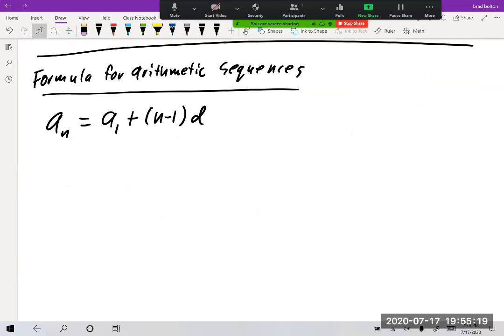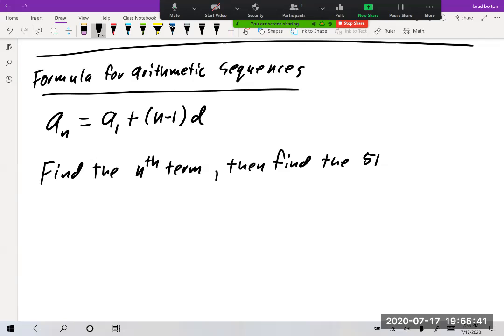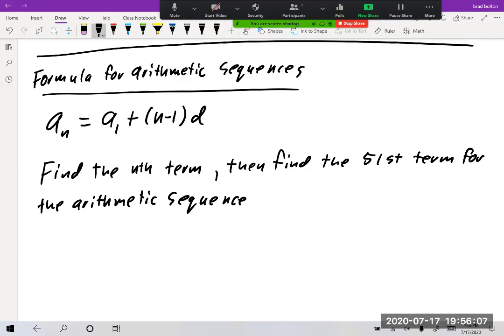So if somebody asks you to find, so what they basically do with this is they say, find the nth term, then find the 51st term for the arithmetic sequence A sub 1 equals negative 2 and D equals 4.